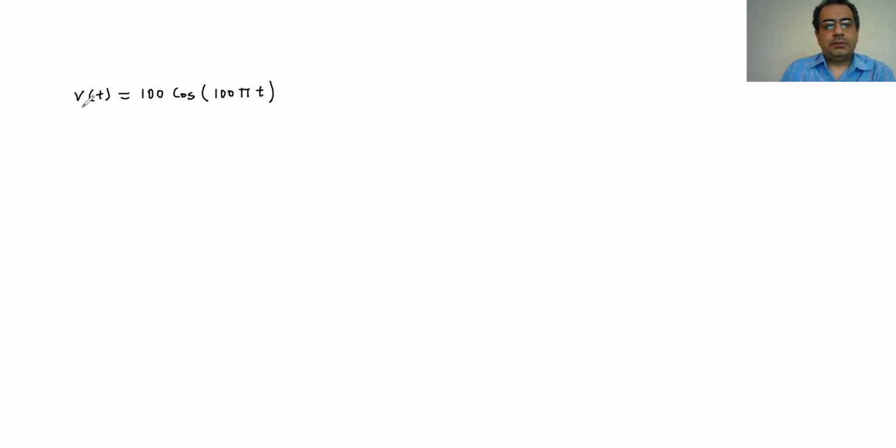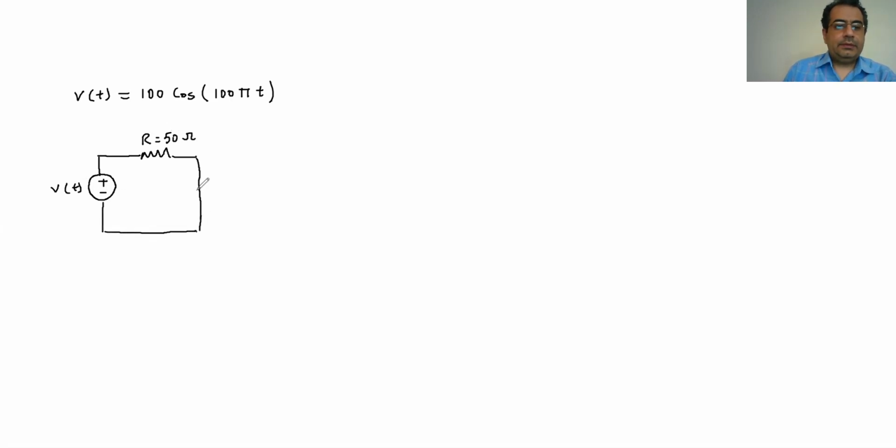Assume our voltage comes out from the equation like that as a function of t, and it's connected to a 50 ohm resistance. So I have the source here, V(t), and it's connected to the 50 ohm resistor R, something like that.